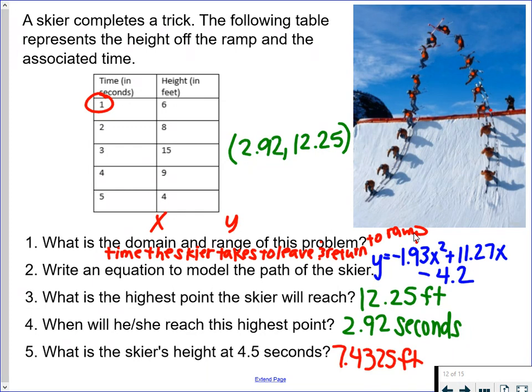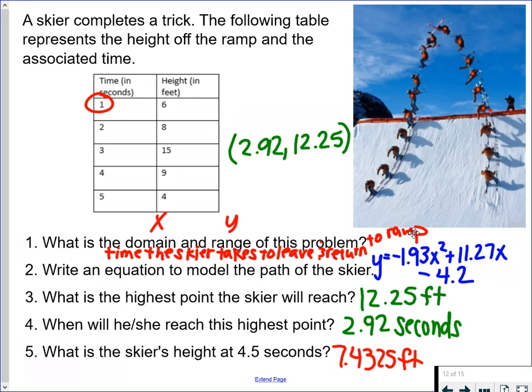Our range, on the other hand, are our Y values. That's how high the skier is going, okay? So he's going to bottom out at some point over here, so 0. And then the highest he can possibly go, well, we found that, 12.25, okay? So your range you would write out is the height in which the skier goes, and that ranges from 0 to 12.25, okay?